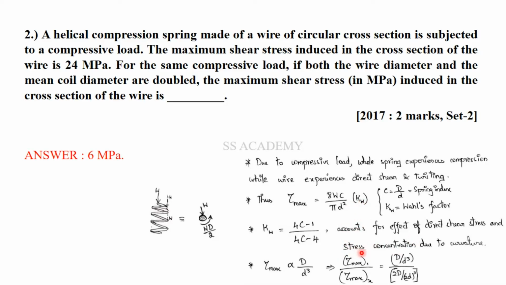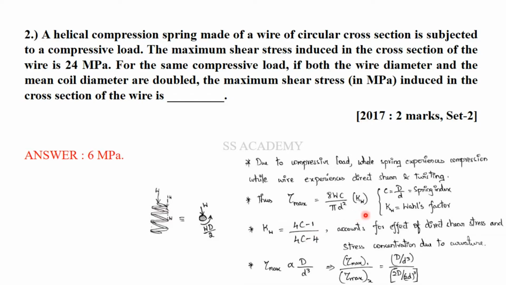If you are trying to neglect this stress concentration due to curvature and you are considering just the direct shear stress concept, it will be 8WC by pi d squared into KSH, where KSH refers to the shear stress correction factor. Instead of KSH, here you can see that KW is 4C minus 1 by 4C minus 4.